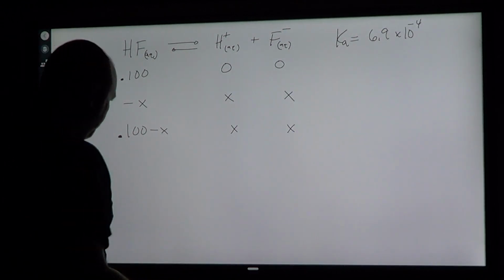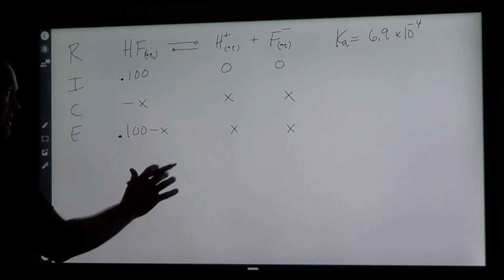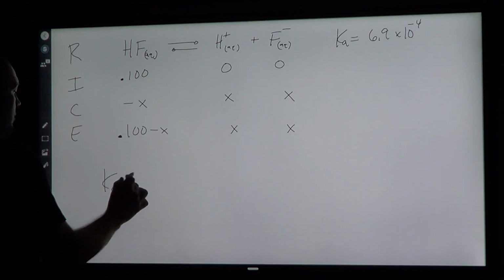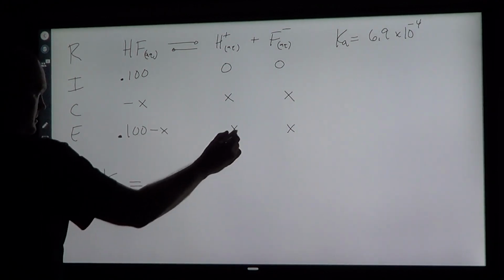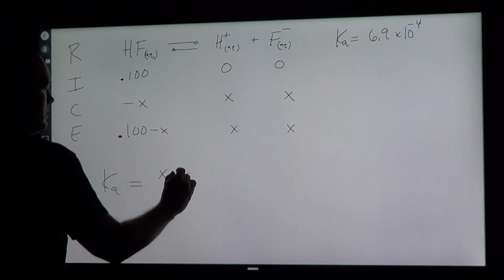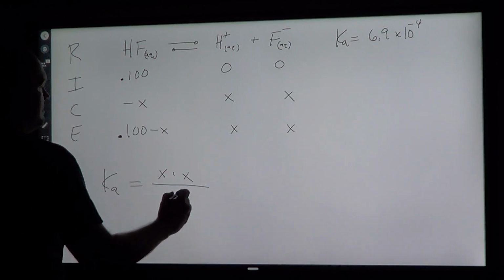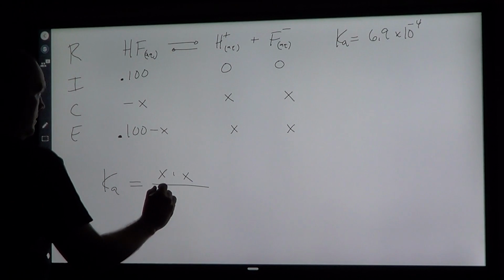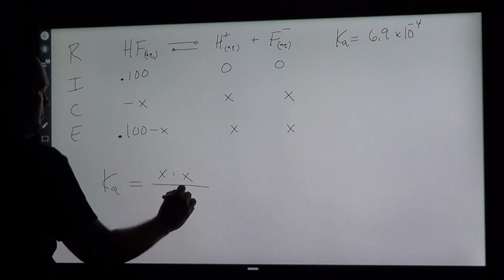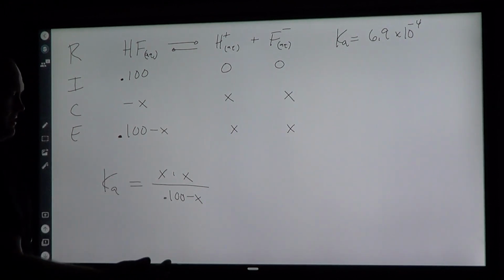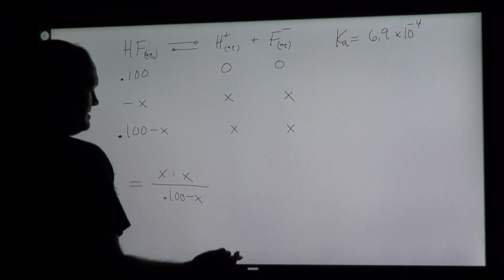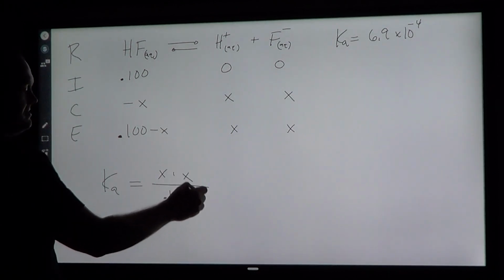So what we do is we set up our equation for Ka the same way we would have before. So it's the H plus, which is x times x, divided by the 0.100 minus x. And the only thing that is not that fun this time around is that we don't have a way of solving for x.